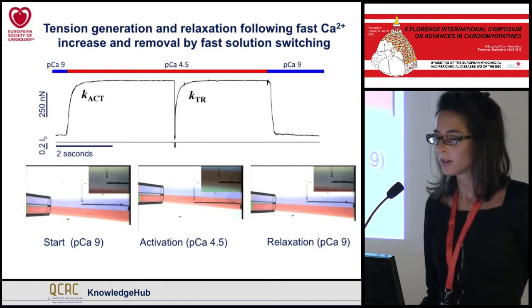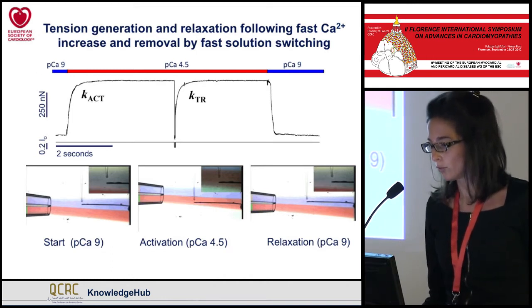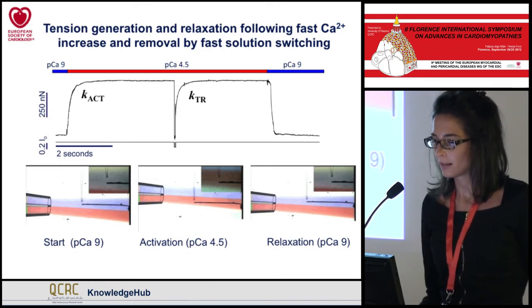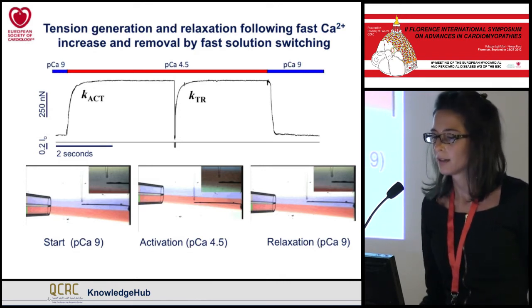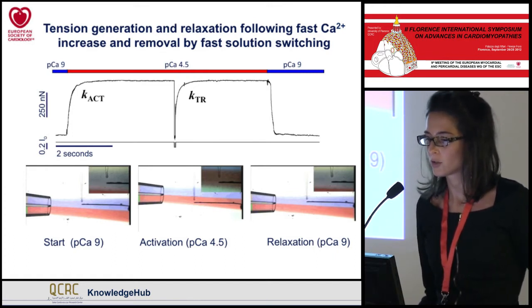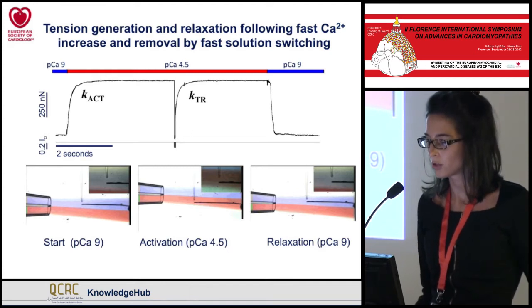This is a typical trace obtained by our experiment, and we can see that after the immediate movement of the pipette, we can observe the increase of the tension generation, the rise of the tension to a plateau value. This phase is described by a constant, K-act, that describes the kinetic parameter of the rise of the tension, and in particular describes the rate of tension generation.